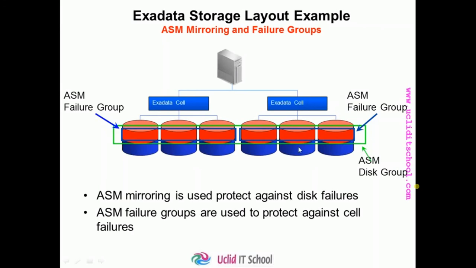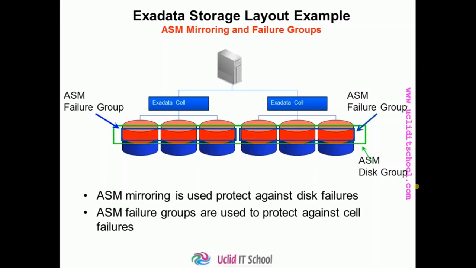Now we know ASM uses failure groups to place the mirror extent, right? Mirror extent will always be placed in a different failure group, so that the simultaneous failure of all the disks in a failure group can be tolerated.